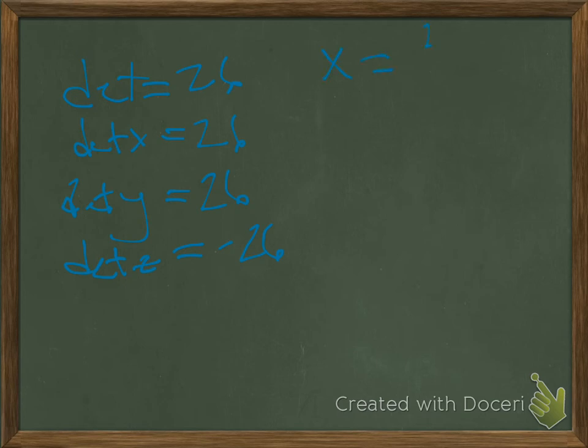X is 26 over 26. Y is 26 over 26, and Z is equal to negative 26 over 26, which means they simplify to 1, 1, and negative 1.